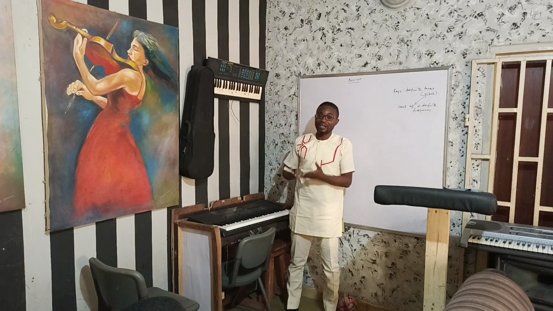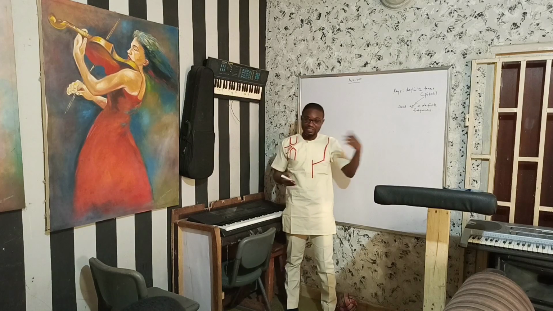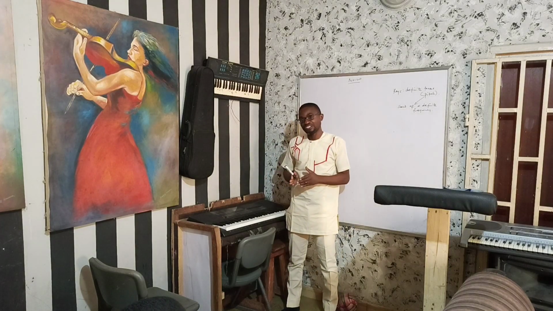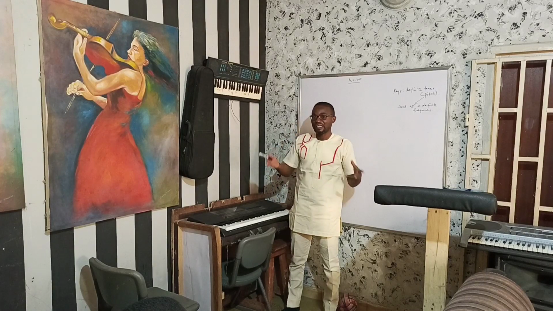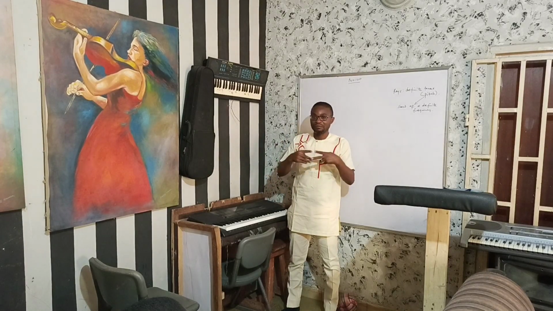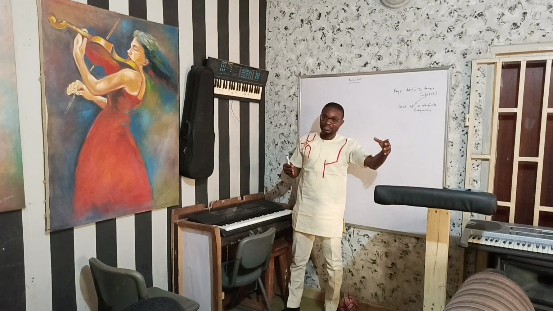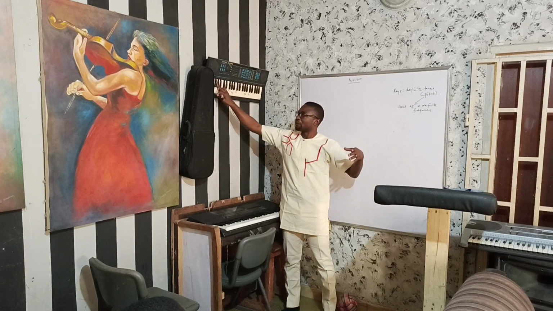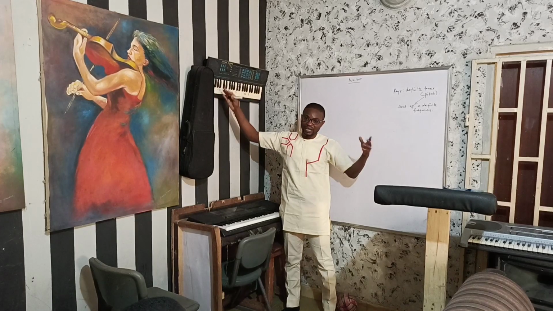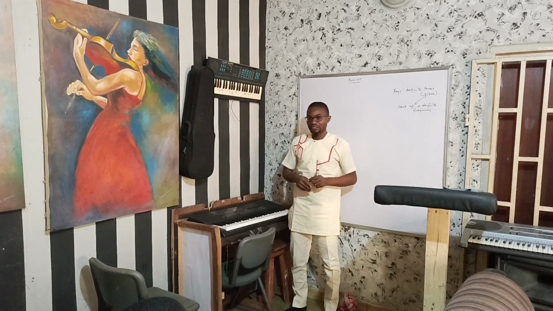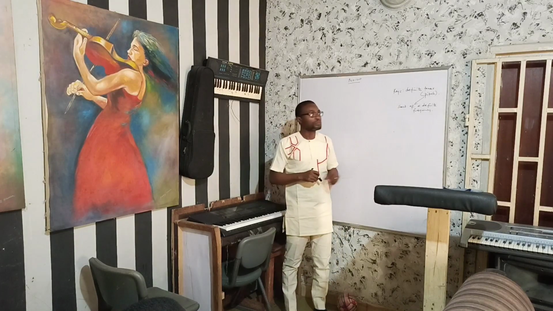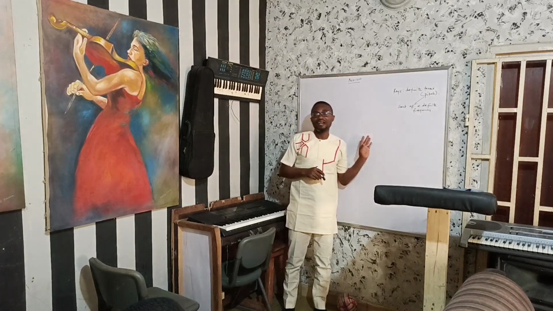We also talked about flat keys being G flat, A flat, B flat, D flat, and E flat, and said every one of the sharp keys is enharmonic, that is, it shares the same name with one particular flat key. F sharp, for instance, is the same as G flat, and all that we talked about in the previous class.